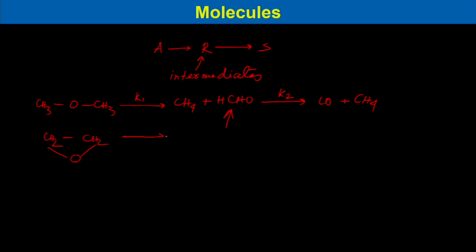It dissociates to form CH3CHO and then dissociates to CH4 plus CO. So, this is one of the examples of molecular intermediates or reactive intermediates.